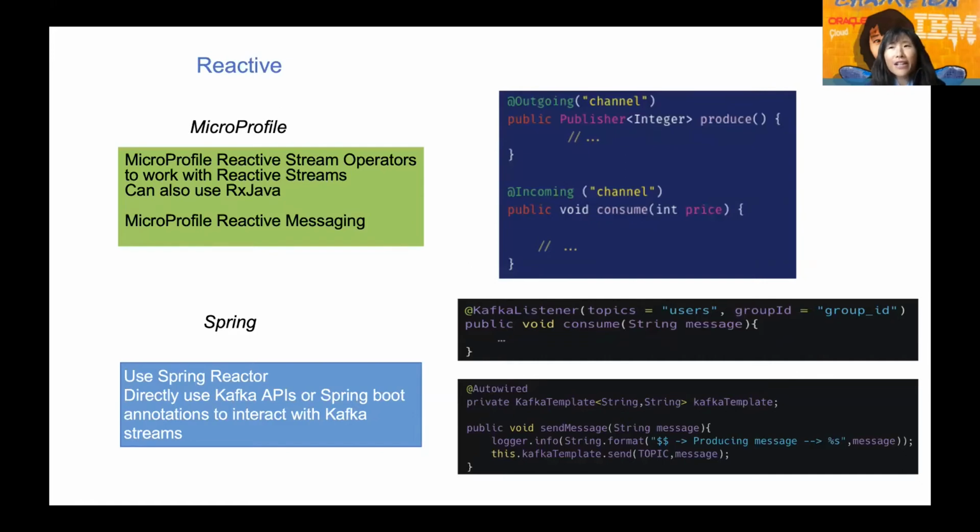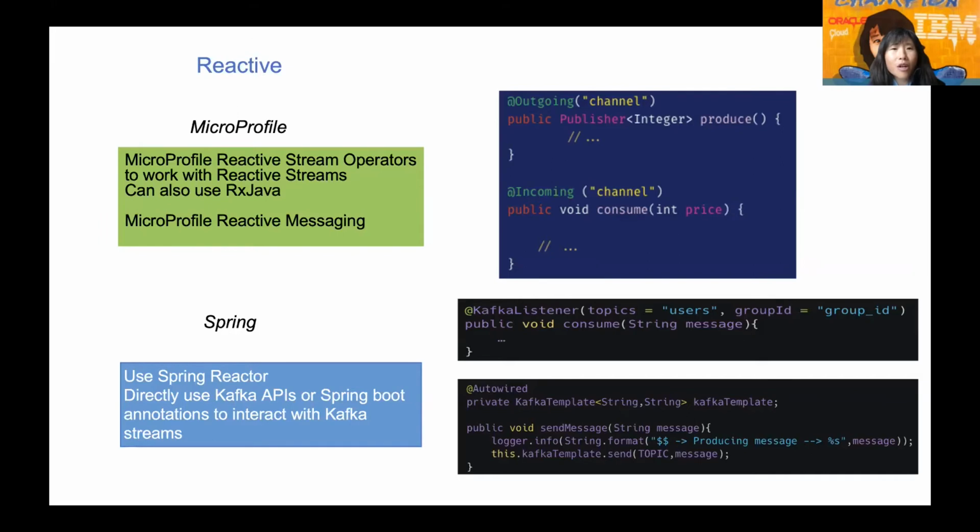So next, since a few years ago, there's some use cases and reactive programming has become popular. In both MicroProfile and Spring, they both support reactive microservices as well. In MicroProfile, we have MicroProfile Reactive Streams Operators. These operators manipulate reactive streams, so you can do things like flat map.